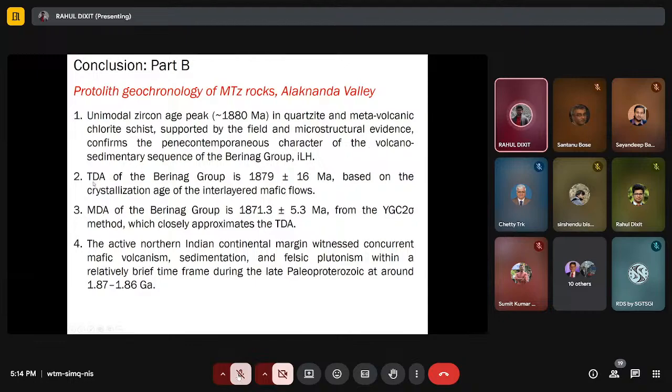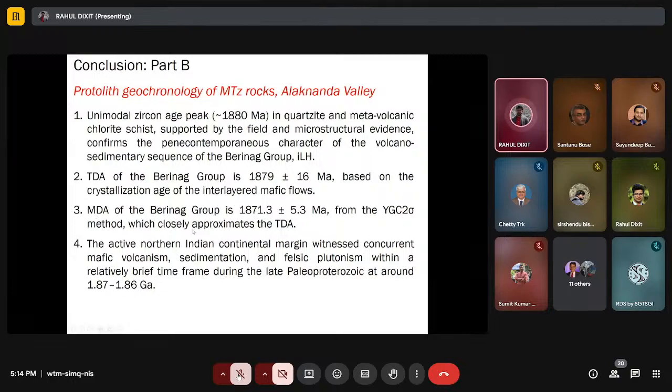We obtained the true depositional age of the Berinag group at 1879 ± 16 Ma, based on the crystallization age of the contemporaneous mafic flows represented by the chlorite schist. The maximum depositional age is 1871 ± 5.3 Ma, constrained from the YGC 2σ method, which came out to be the best method for constraining the maximum depositional age if the true depositional age is not viable in that region.